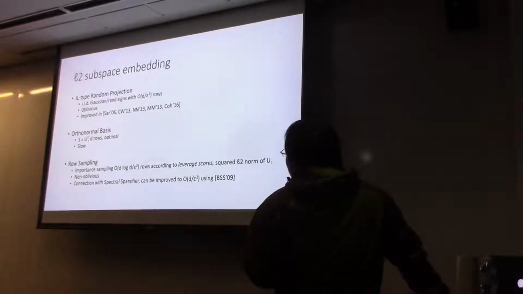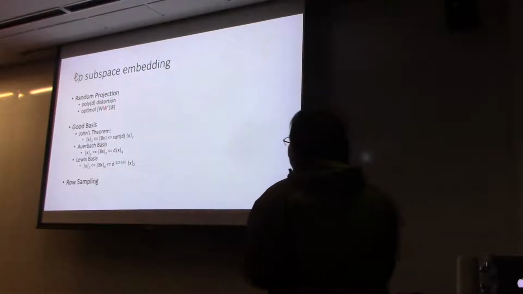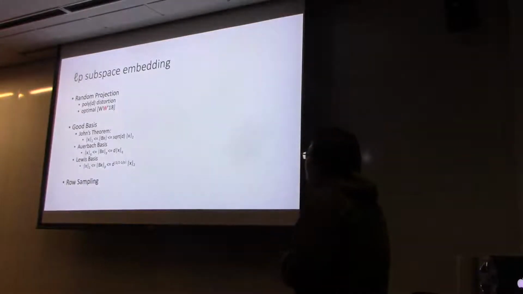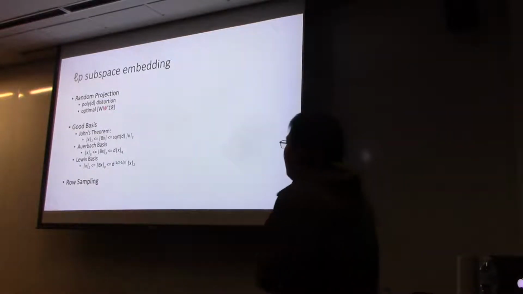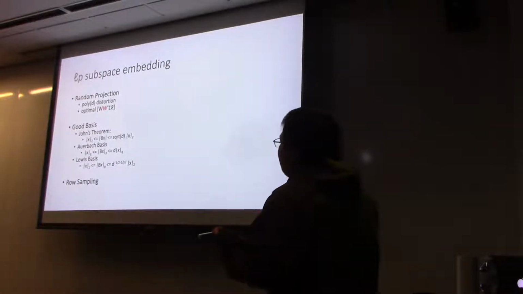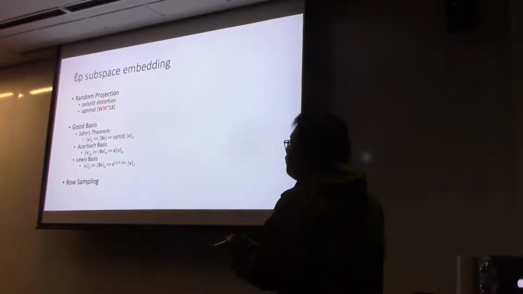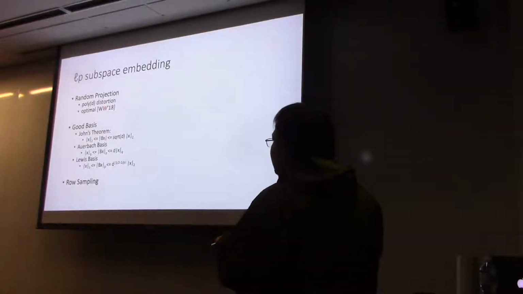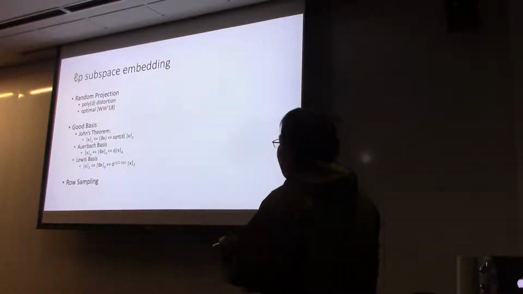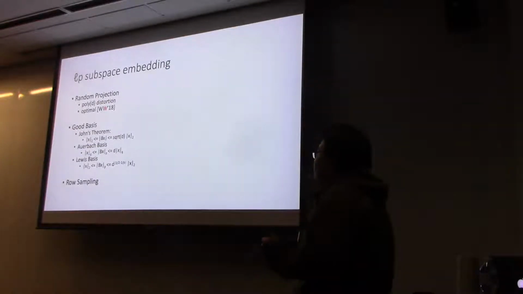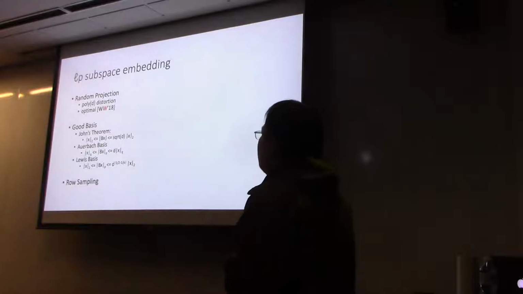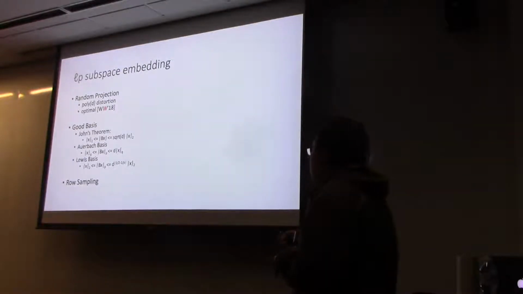But what can we do for Lp? We can still try to do the things we have done for L2. So we can first try random projections. There are some constructions known for Lp that use random projections, replacing the Gaussian random variables or random signs with something called Cauchy random variables. But all these constructions have poly d distortion.